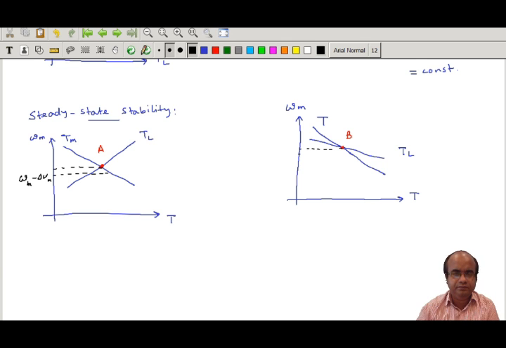Then this becomes the load torque and this becomes the motor torque.